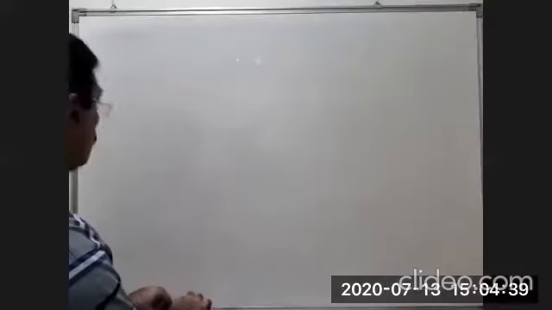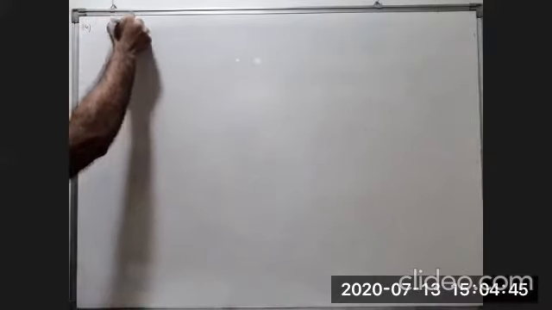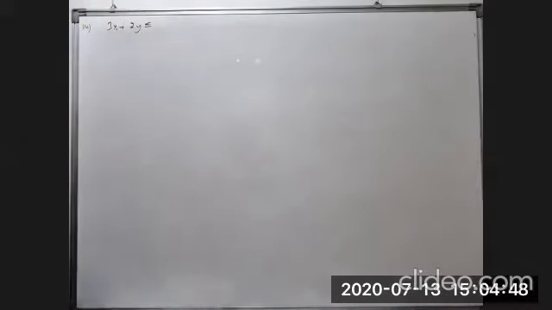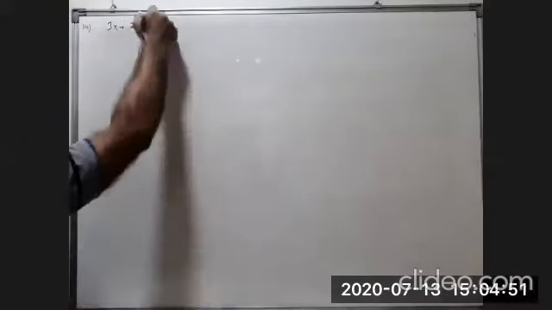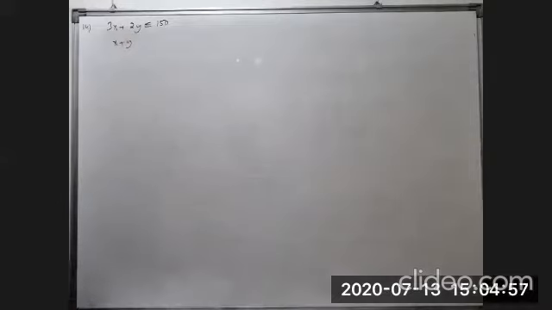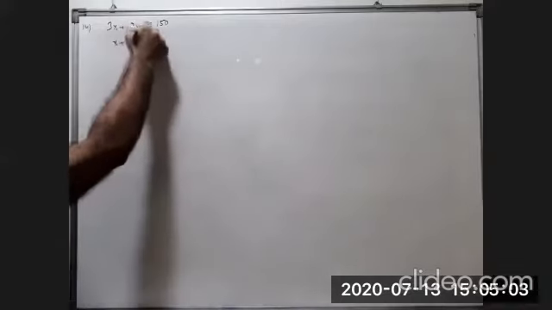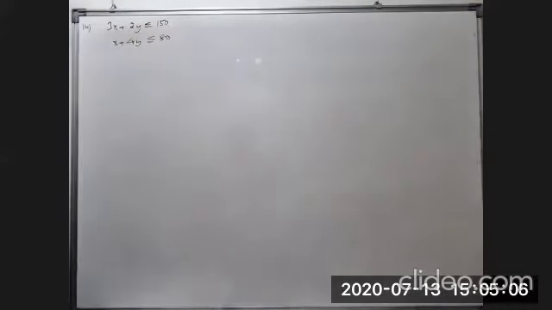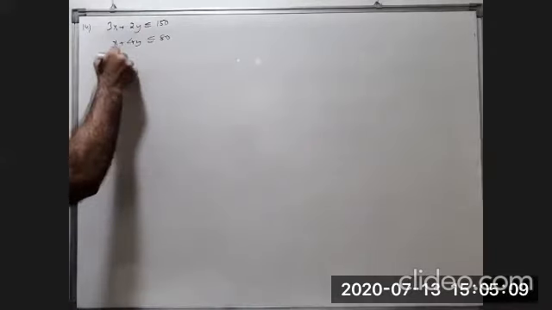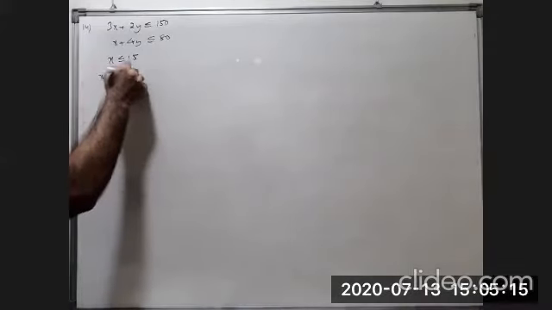Question number 13 we did; this is question number 14. 3x plus 2y less than or equal to 150, x plus 4y less than or equal to 80, x less than or equal to 15, and x greater than or equal to 0, y greater than or equal to 0.